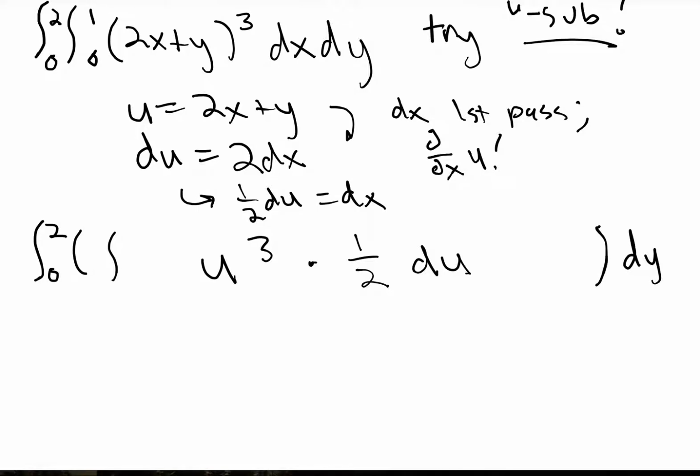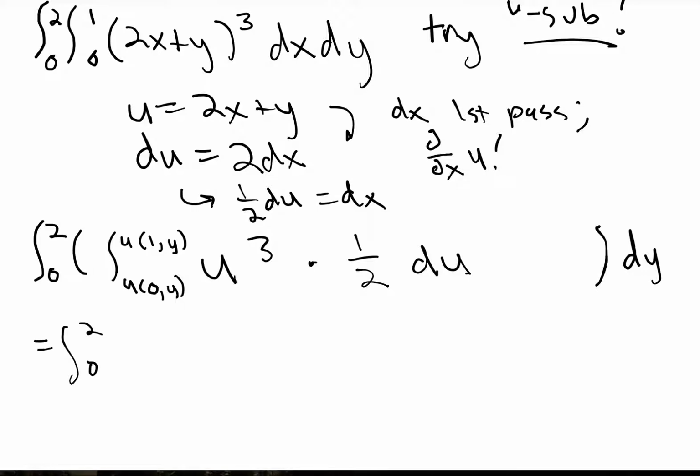U was a function of x and y here. These were x bounds. So if you wanted to fix the bounds, you could plug that lower bound in for x. We have to leave y blank. You could plug this upper bound in for x. We have to leave my y blank. And we're going to proceed with my integral like that.